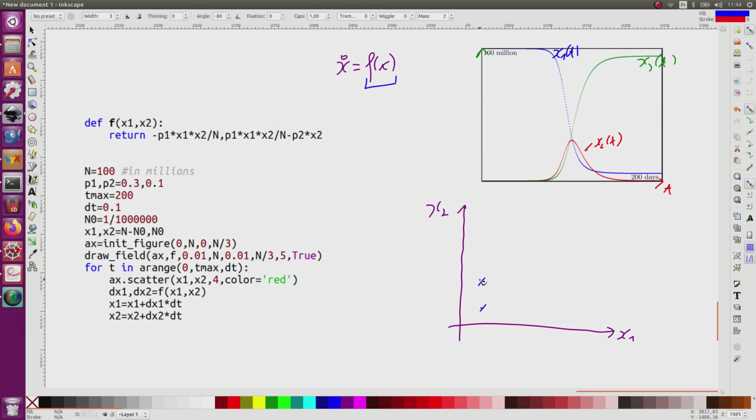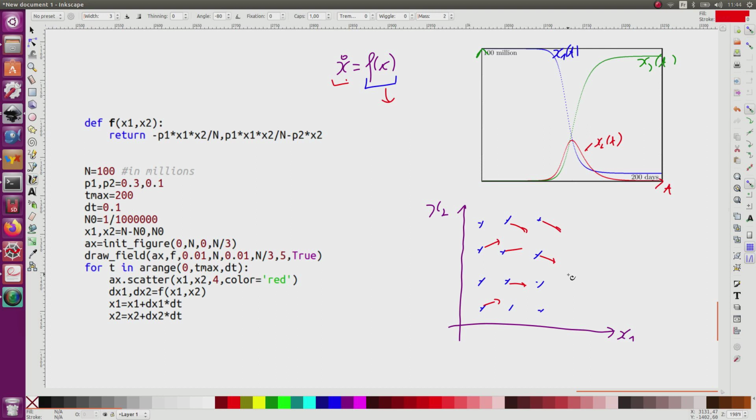I take many points like this, and I compute for each of these points f of x, and it gives me a vector which corresponds to x dot, the evolution. And the evolution gives me a vector field like this. If I interpret the vector field, then I am able to understand the evolution of the system.